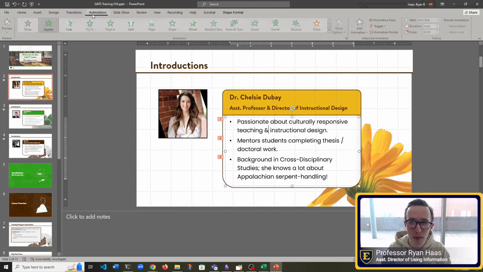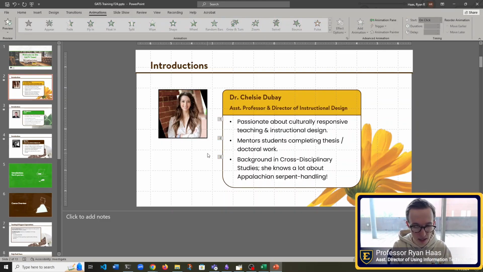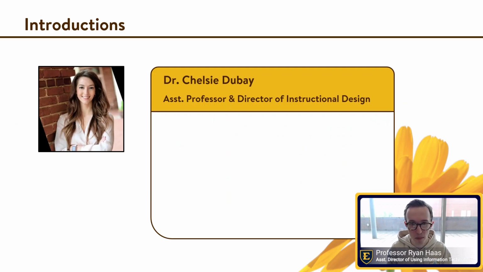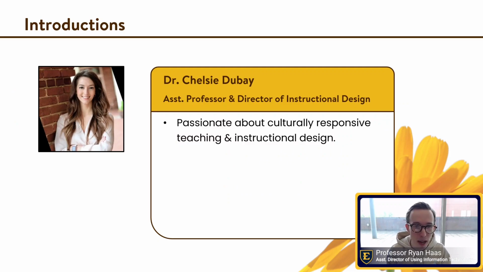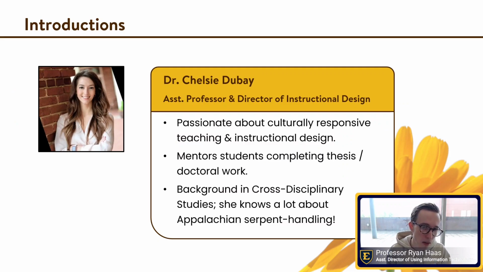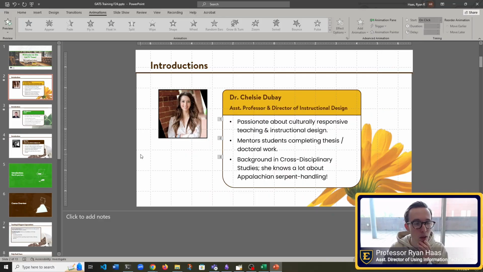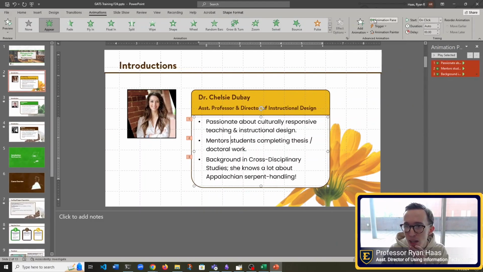Now, if we look at my animations on here, you'll notice that this is animating so that when I hit my arrow key or click the mouse, it advances one bullet point at a time. Now, the way I set that was if I go to the animation pane, you'll see those are set here.